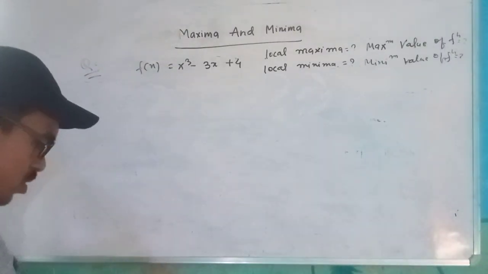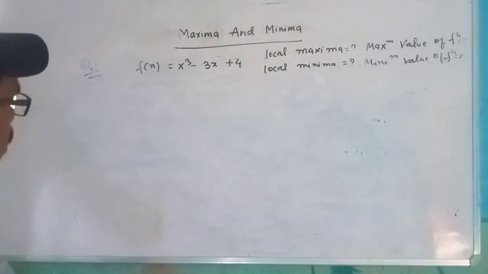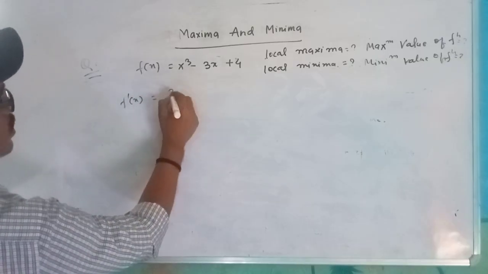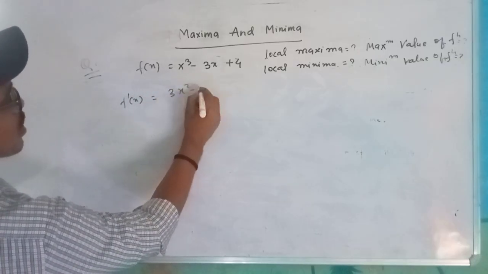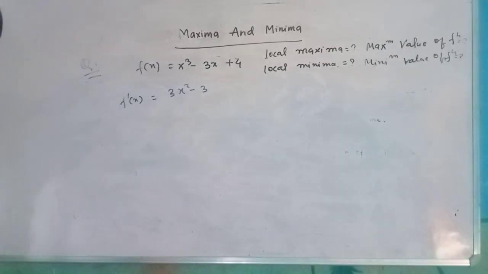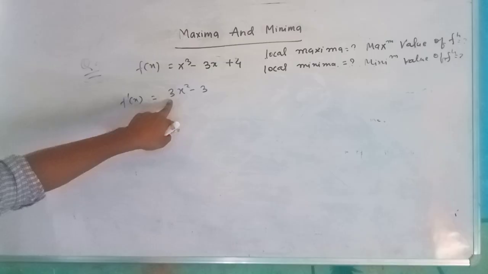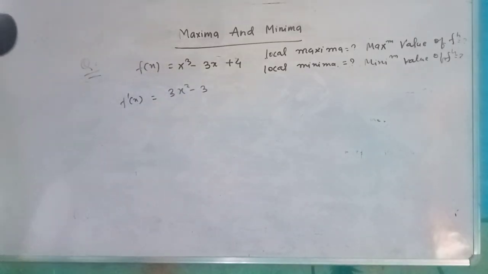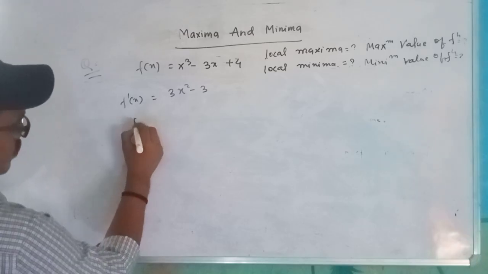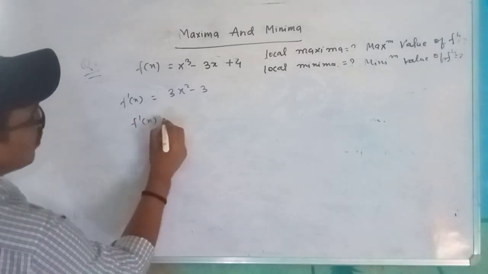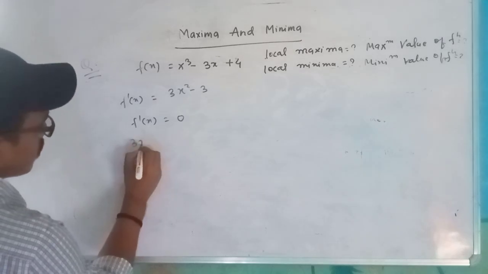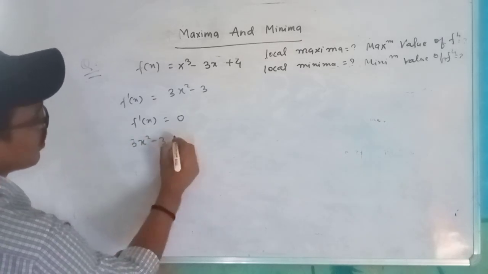Now what is f dash x? It will be 3x square minus 3, right? Is it correct? So this will be 3 times x square minus 1. Now suppose I write f dash x is equal to 0. So 3x square minus 3 will be 0.